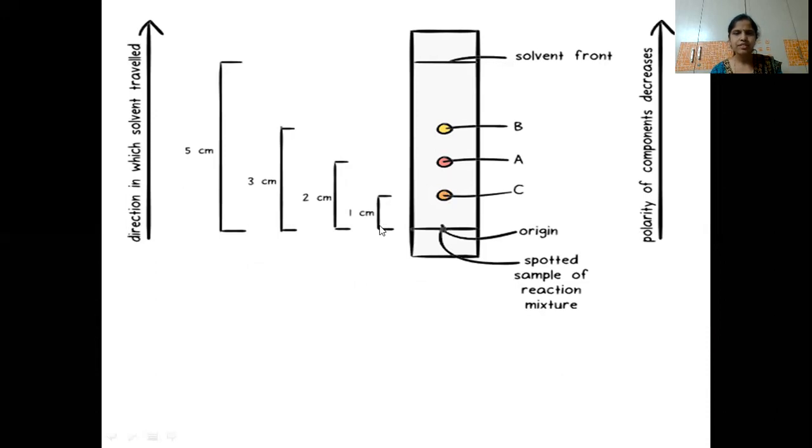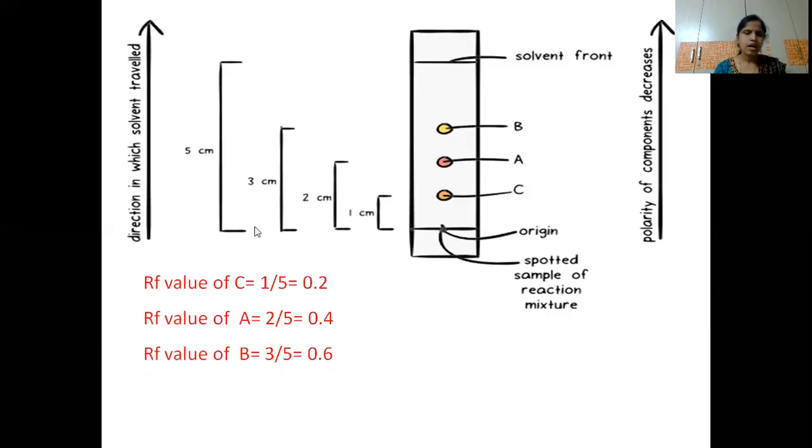Component C has traveled 1 centimeter from the origin. Component A has traveled 2 centimeters. Component B, as written here, 3 centimeters, and the solvent front is at 5 centimeters from the origin. Now based on the RF formula, the RF value of component C will be equal to the distance traveled by component C divided by the distance traveled by the solvent front.